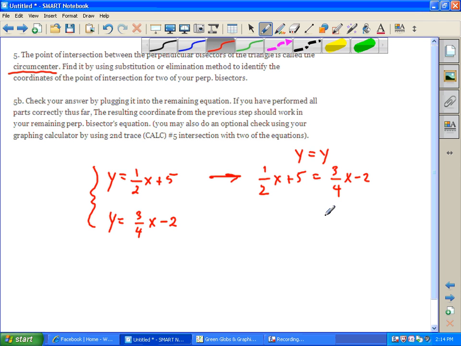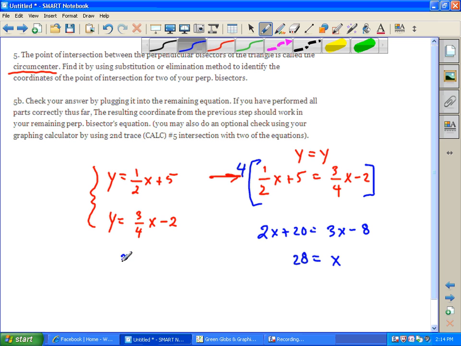Okay, so this is an ugly equation with fractions in it, but not hard. I say fraction, you say LCD. So we're going to multiply everything through by the LCD of 2 and 4, which is 4, and I'll get 2x plus 20 equals 3x minus 8. And then I will bring the 2x's that way, making just x. Bring the 8 that way, making 28. So for these two lines, they meet at the point 28 comma something.